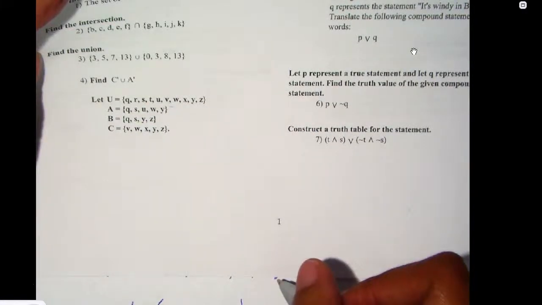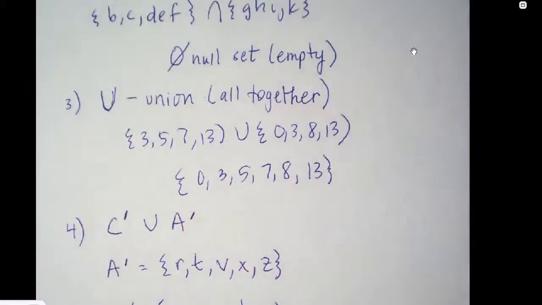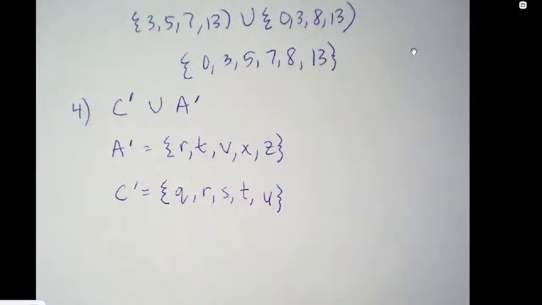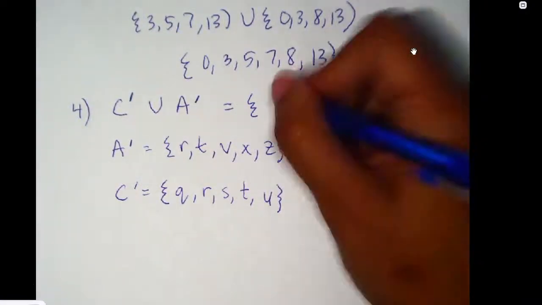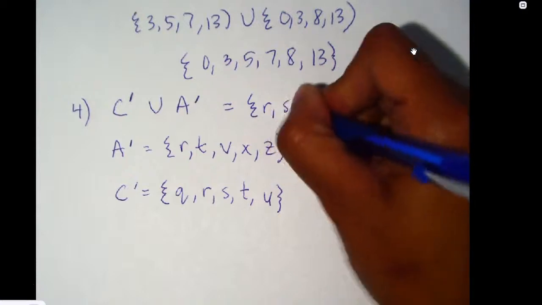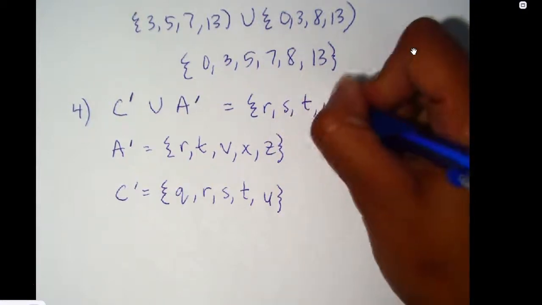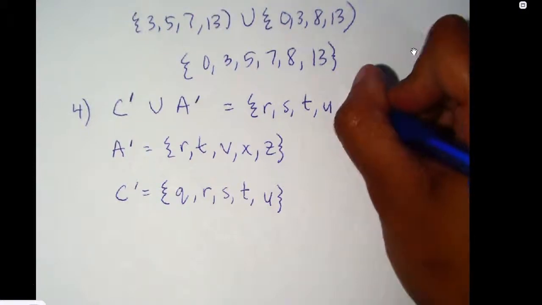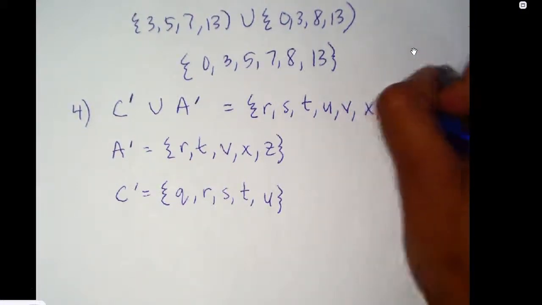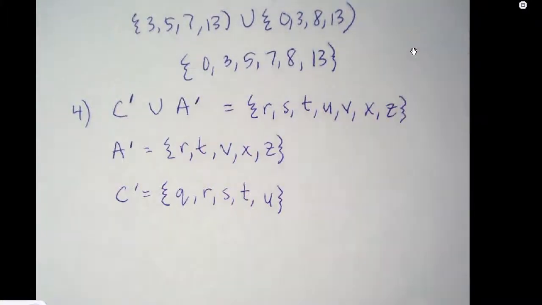So it stops at U. Now if I want to union those two together, then I'm just going to put it all together. So what's here is R, S, T, U, V, X, and Z. Hopefully I got that one right.